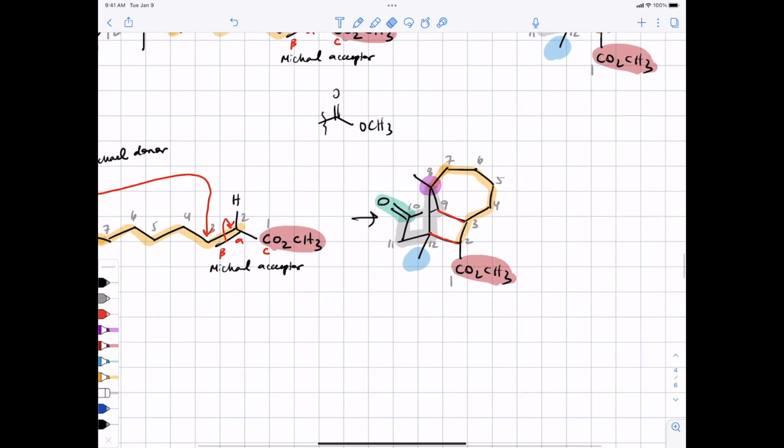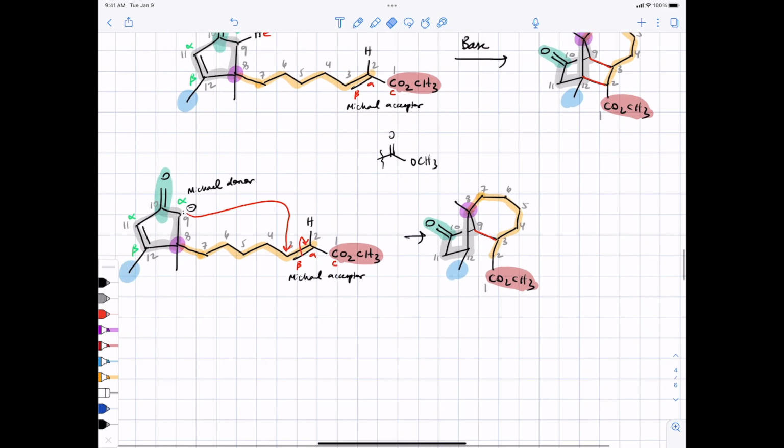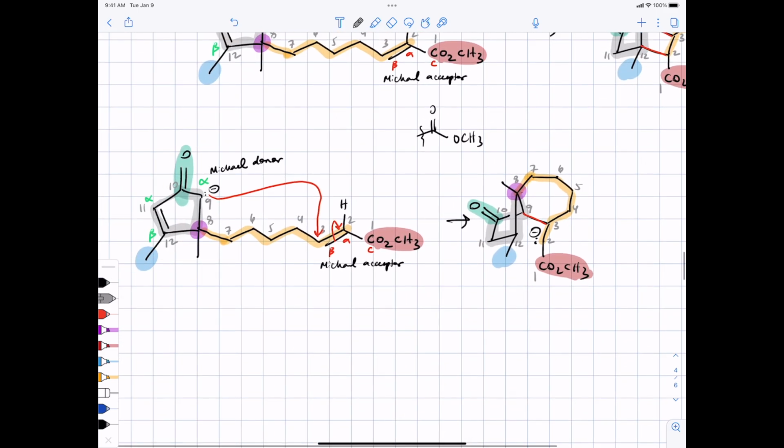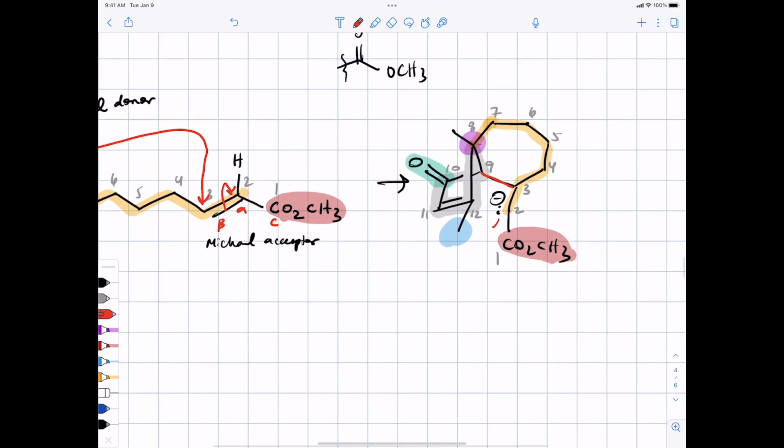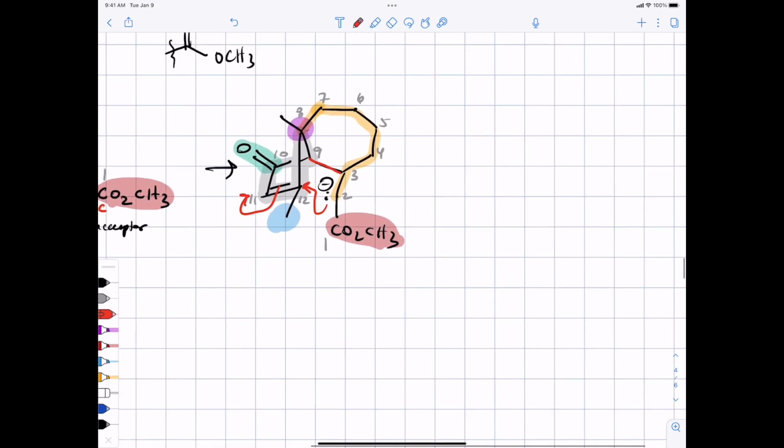So we've just made the new bond between 9 and 3, and now 2 has a negative charge on it. And look, having made that bond between 9 and 3, carbon 2 is already close to carbon 12 to do the intramolecular Michael, the second of 2 intramolecular Michael reactions.